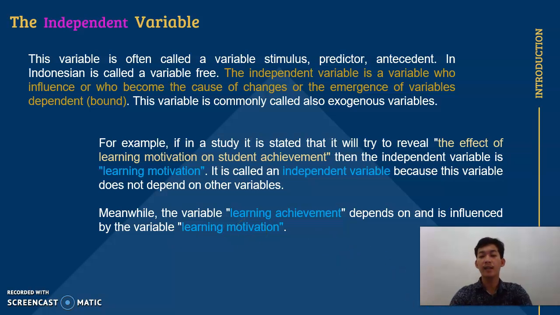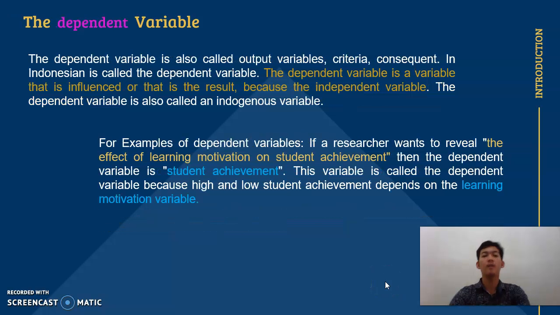Okay, next, the dependent variable. The dependent variable is also called the output, criteria, or consequence variable. In Indonesia, it is called the dependent variable. The dependent variable is a variable that is influenced or that is the result because of the independent variable.